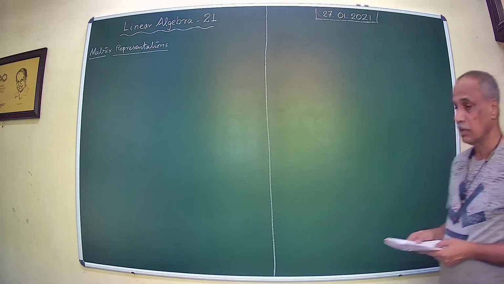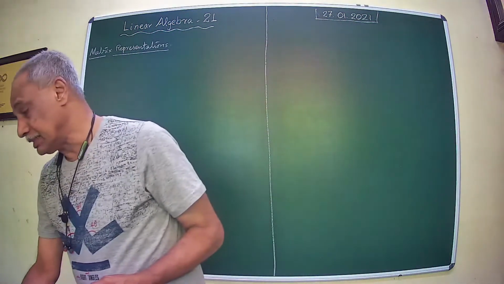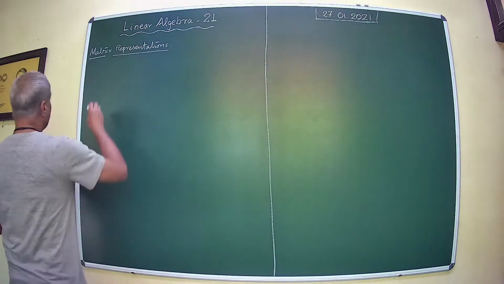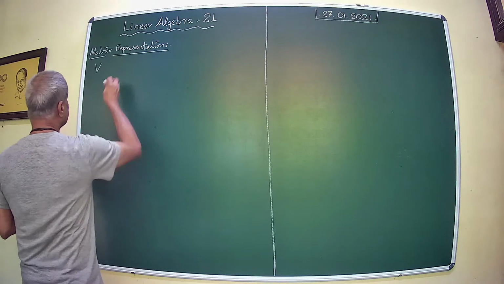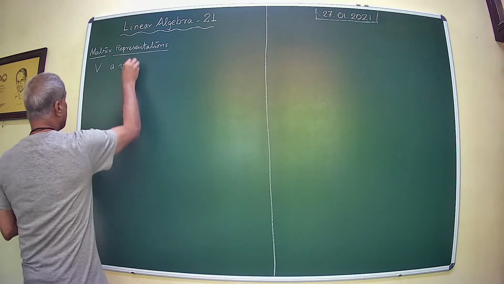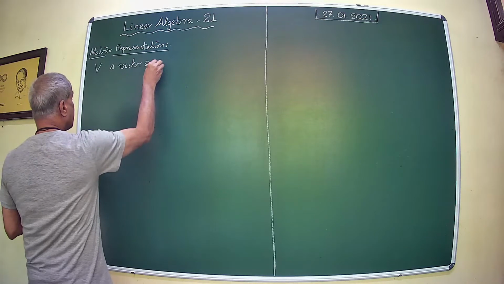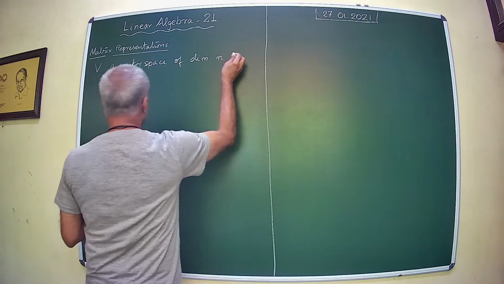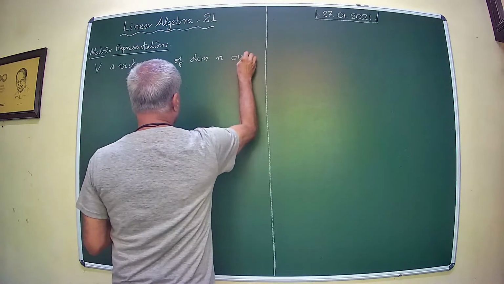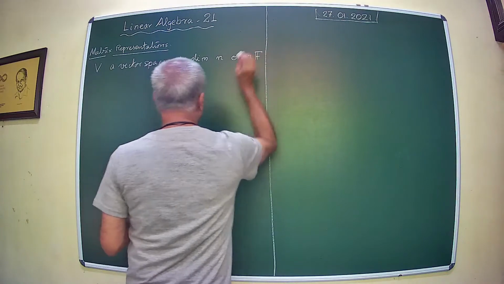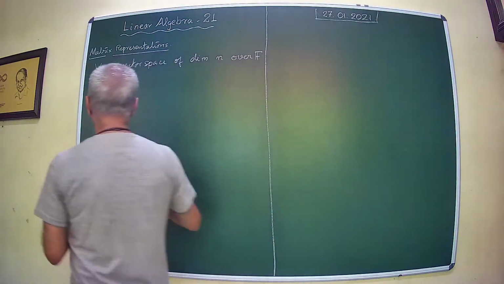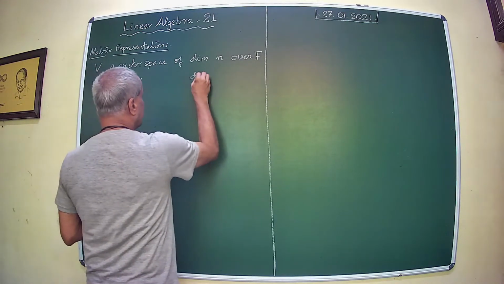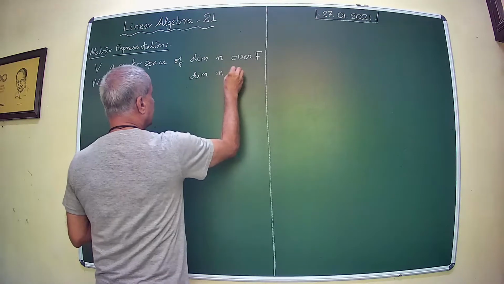explore this further. So let me start with our basic assumptions that V is a vector space of dimension n and W is a vector space of dimension m.